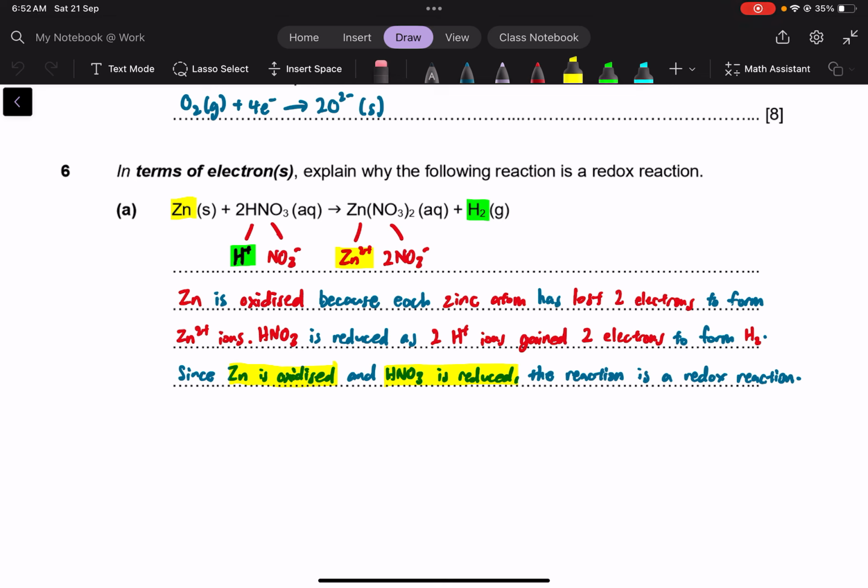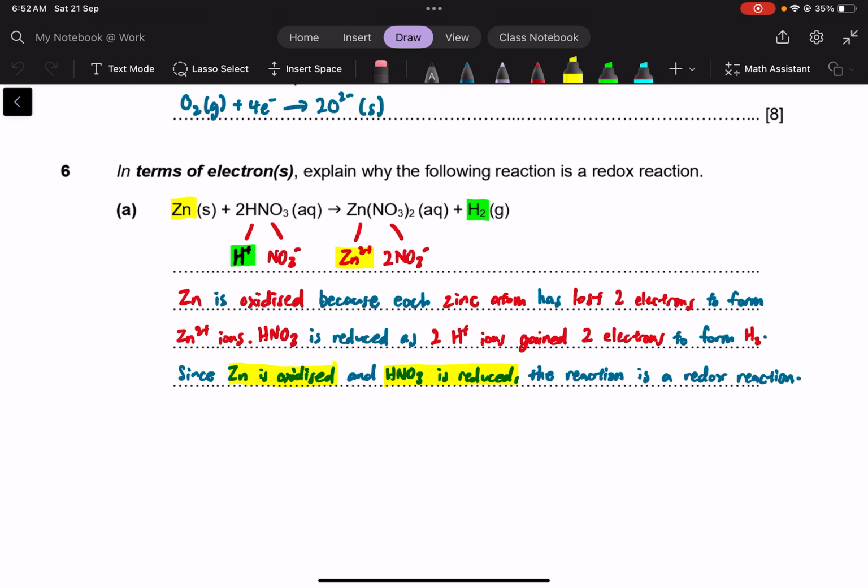From here, we can observe that the zinc metal has lost 2 electrons to form zinc 2 plus ions, because each zinc atom has lost 2 electrons. Whereas for nitric acid, 2 H plus ions gain 2 electrons to form hydrogen gas.